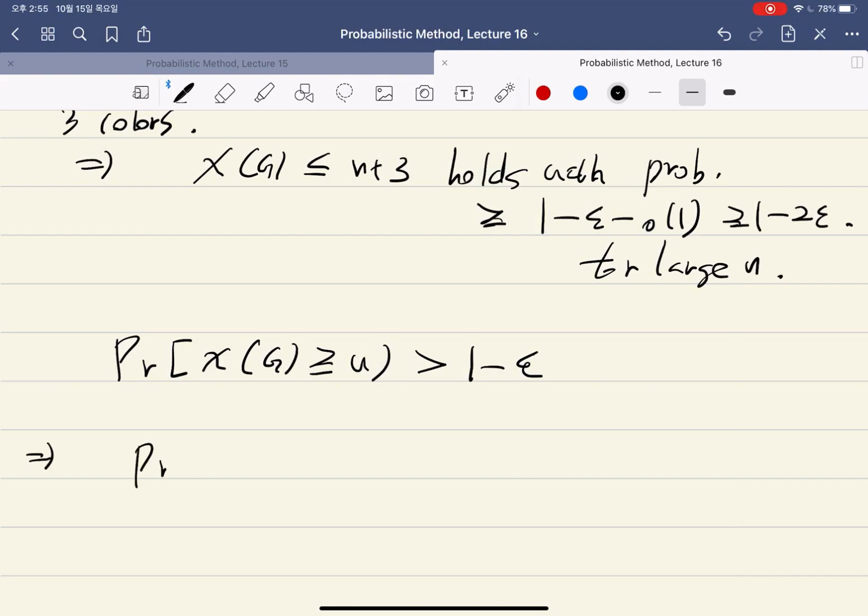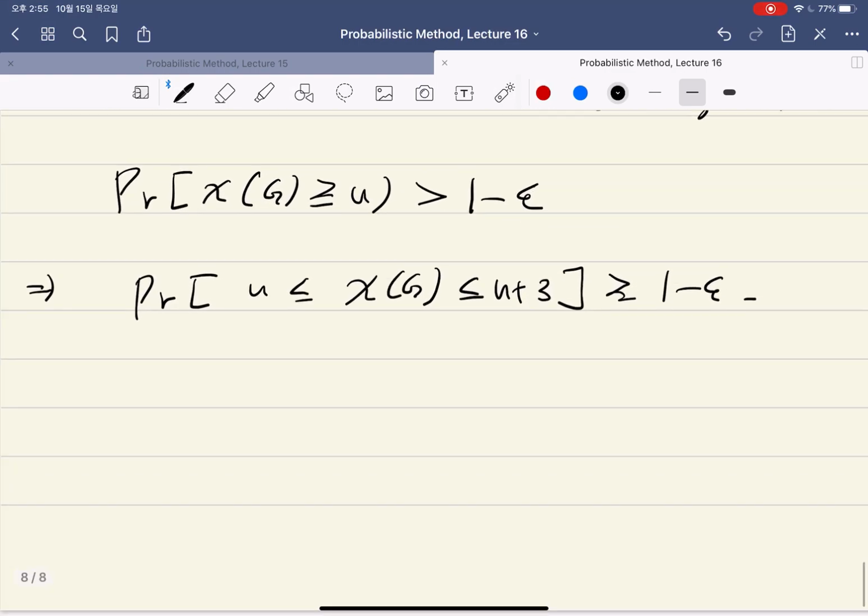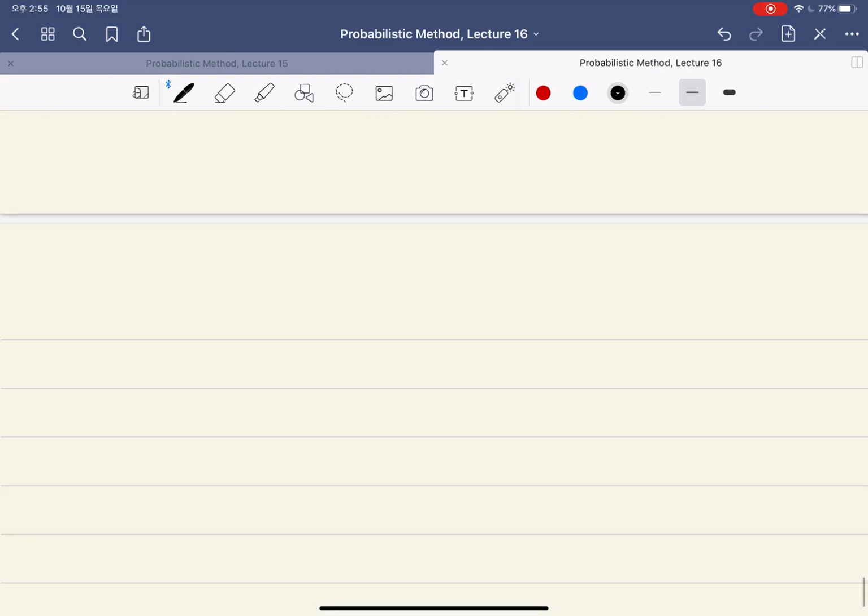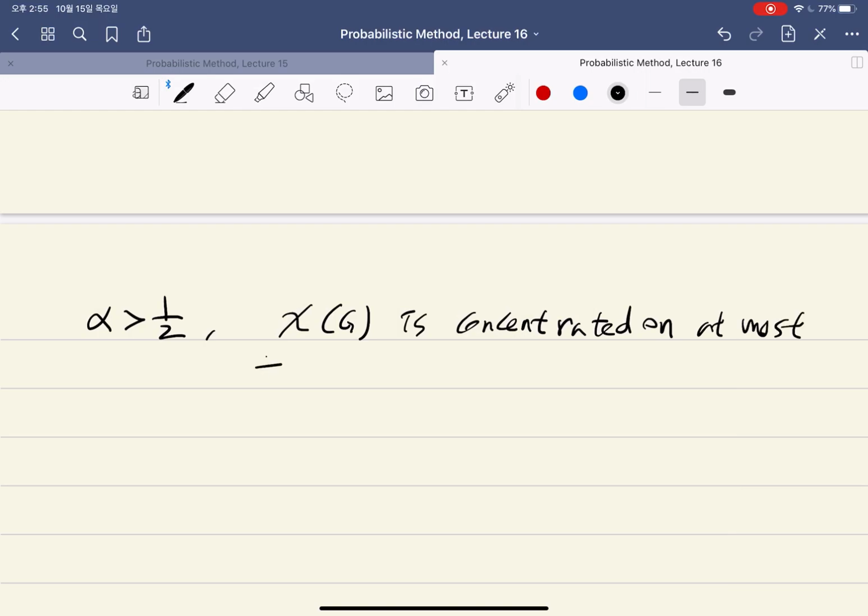So together we have that the probability that the chromatic number of G is between u and u plus 3 is at least 1 minus epsilon. So as this epsilon can be arbitrary, we know that the chromatic number of G is one of these 4 numbers with high probability. And it is actually known that if alpha is bigger than half, then the chromatic number of G is concentrated on at most 2 values.